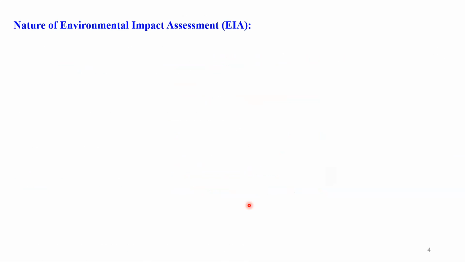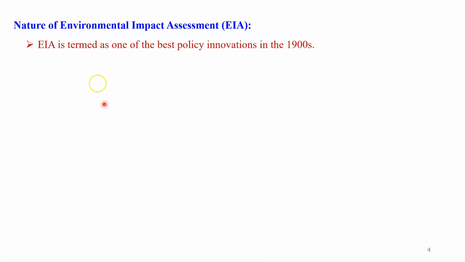Dear student, let us discuss the nature of environmental impact assessment. You know that environment impact assessment is termed one of the best policy innovations of the 19th century. We know that the 19th century is very important with respect to human development, because in this century human beings discovered a lot of new things.